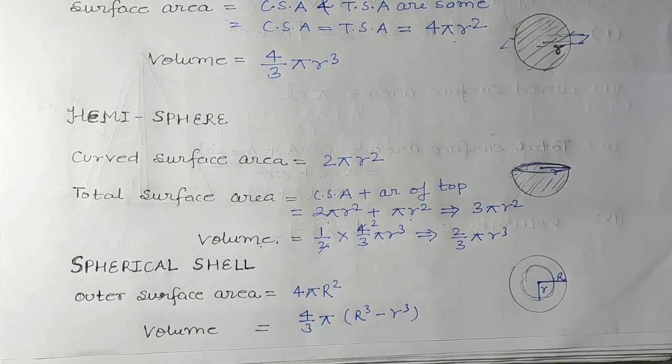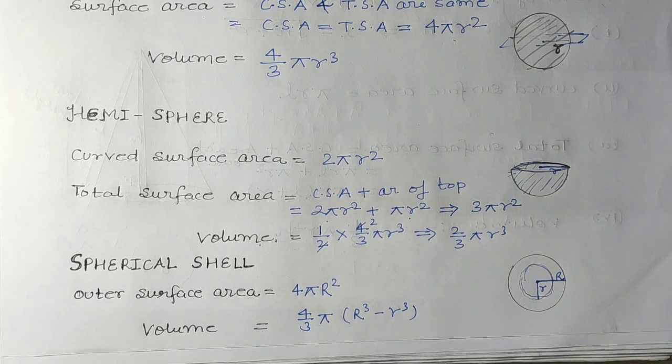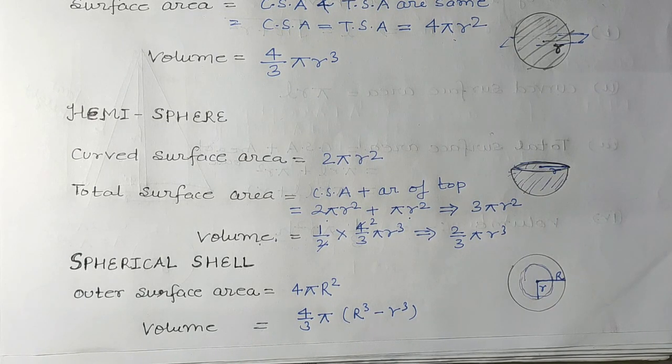One more solid is left, the frustum of a cone, that we'll study just before the last exercise of NCERT, just before exercise 13.4. Okay, so students, I hope you have understood all the topics and how the formulas came.